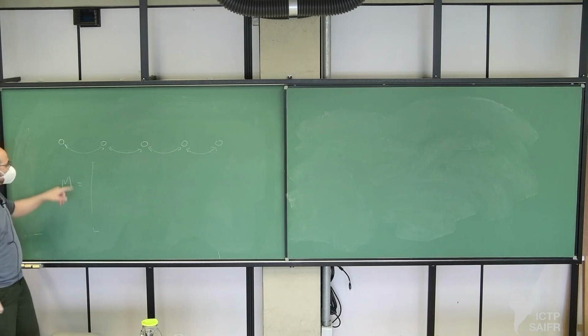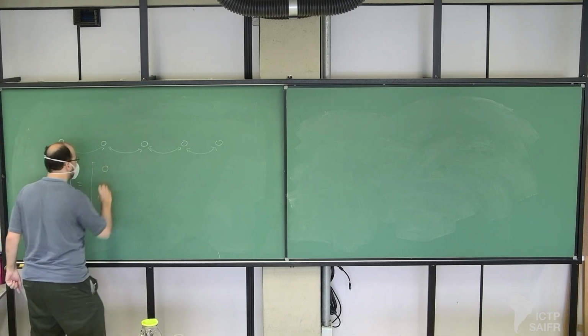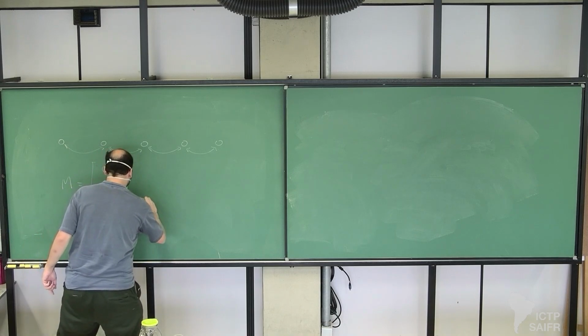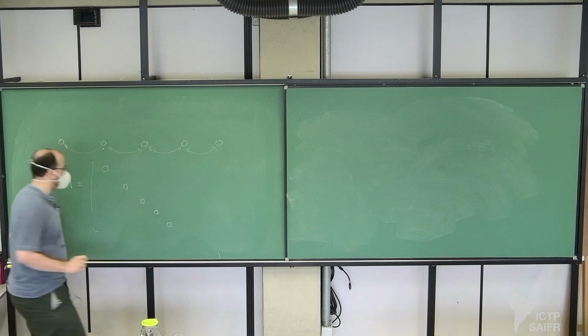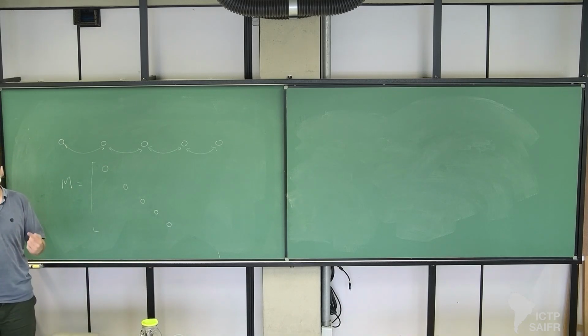Each element here, so this is M11, is migration from patch 1 to patch 1, that is 0. I'm ready to tell you that all the 5 diagonal elements will be 0, because there's no migration between the patch and itself.